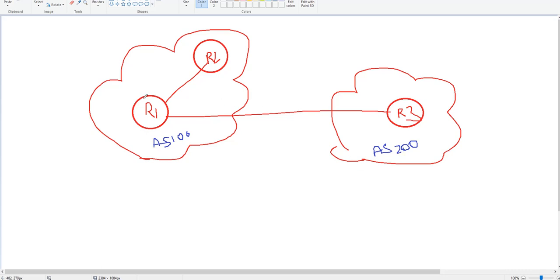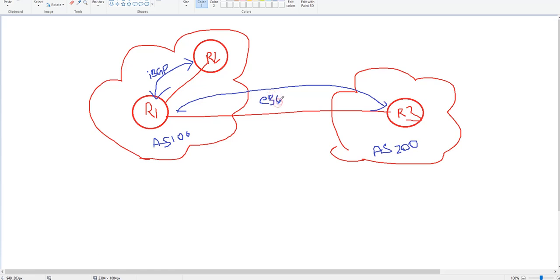When I try to establish a neighborship between any of these routers, it has a different meaning. If I establish a neighborship between R1 and R2 using BGP, this is called IBGP. If I establish a neighborship between R1 and R3, this is called EBGP. How do you differentiate IBGP and EBGP?